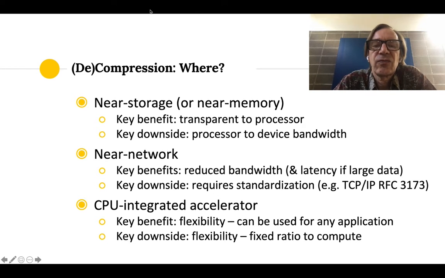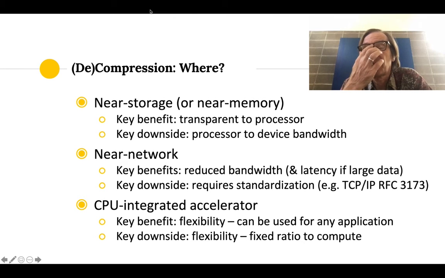Similarly, on the network, the key benefit is that you need reduced bandwidth on the external network, and you might improve latency if you have a lot of data to send.